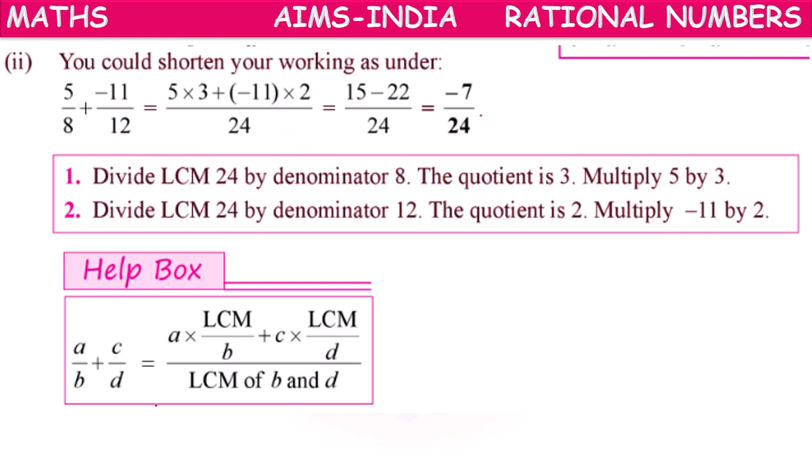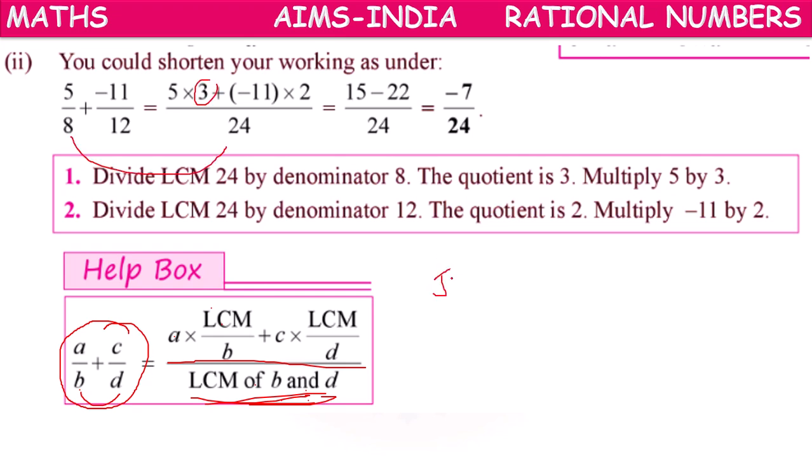Or for this, a shortcut is there. So a by b plus c by d is there. While doing addition, in the denominator we write the LCM of b and d. In the numerator, a into the quotient of this LCM and b, because 8 times 3 is 24, this 3.